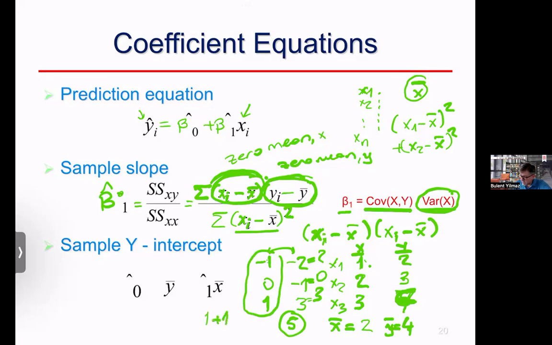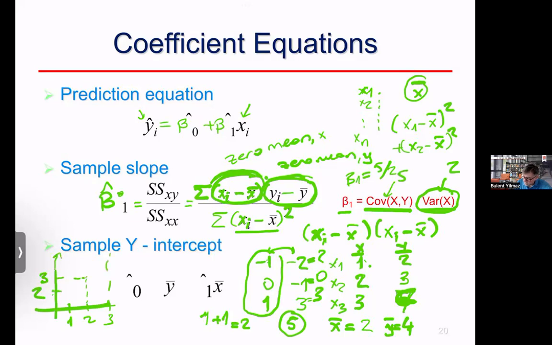Adding these up, my variance is 2. I found my covariance being 5, so my beta 1 will be 5 over 2. If you remember, what was my data? 1, 2, 3. For 1, it is 2. For 2, it is 3.